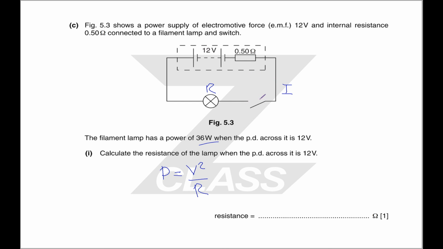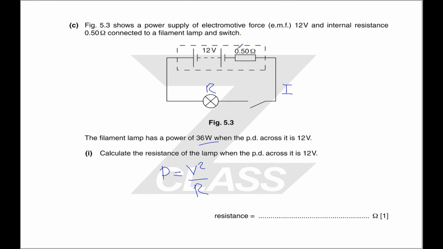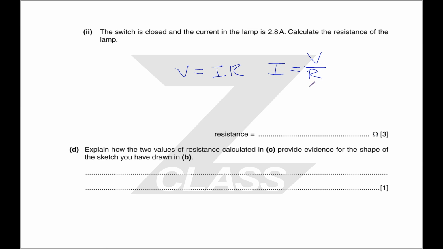So we know that V equals I R, or I equals V total over R total for the whole of the circuit, because we're just in series here. We've been given a current, we've got a voltage, and our total resistance is the resistance of our lamp plus half an ohm. So we can calculate the total resistance and then take half an ohm off of it.